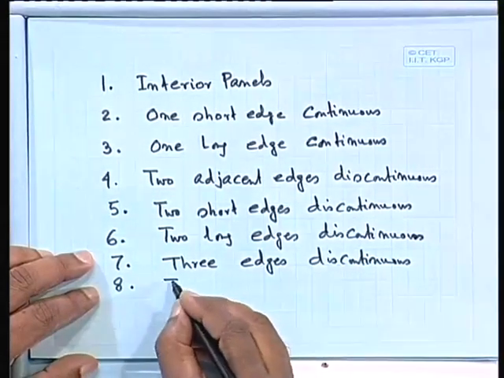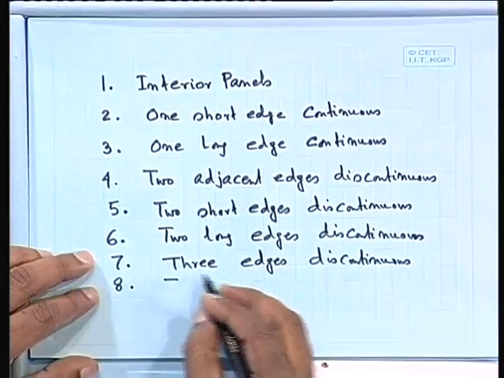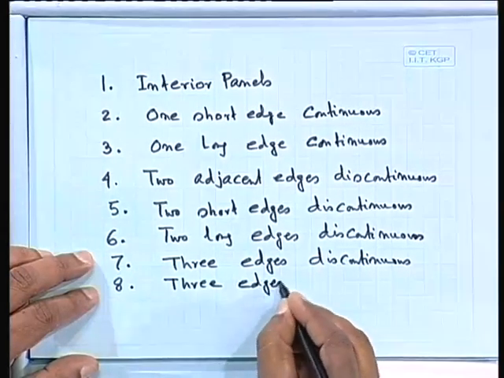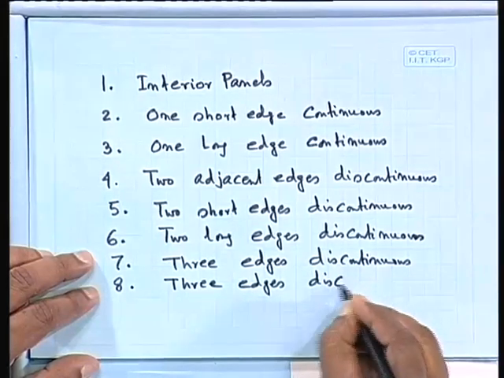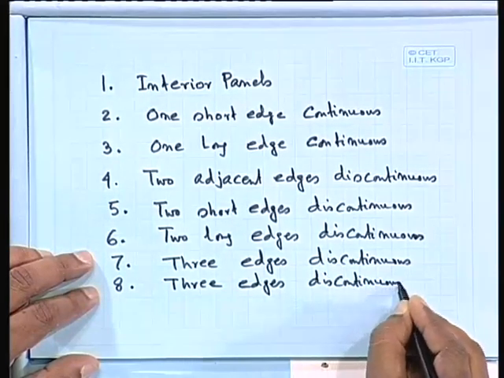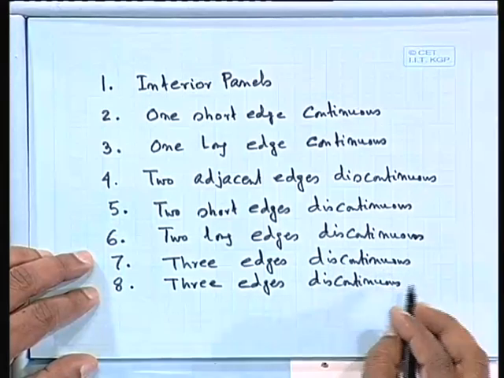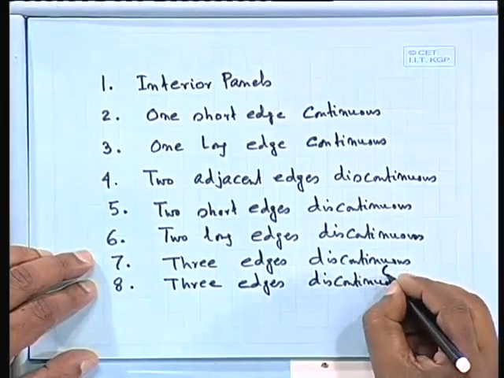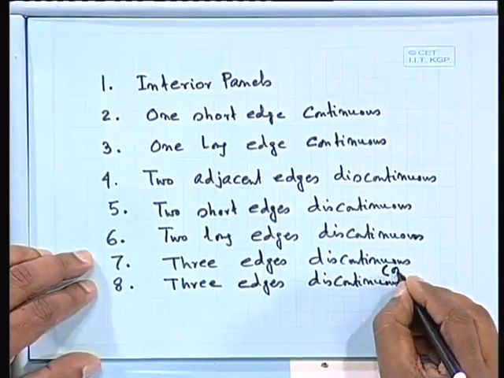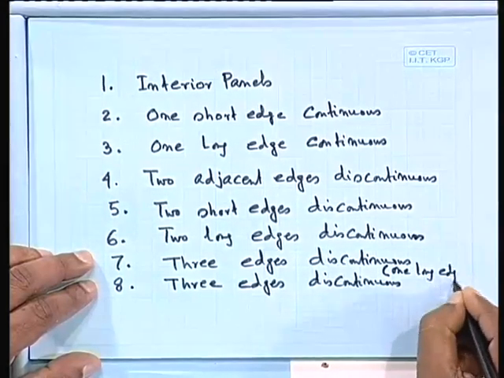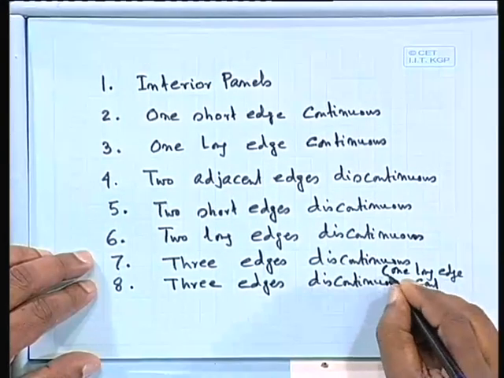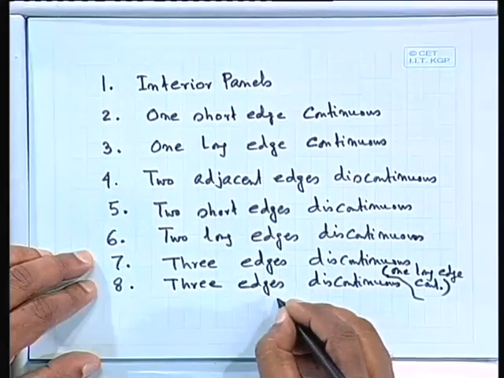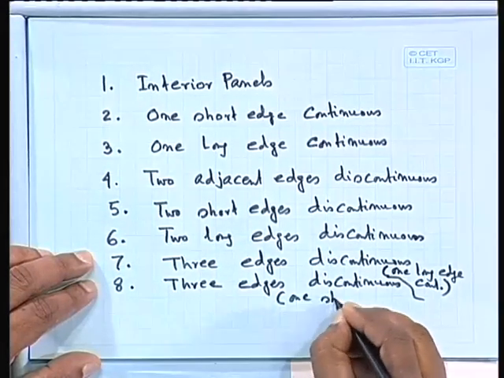Number 8 also 3 edges discontinuous. Let me tell you what the difference is. In number 7, one long edge is continuous, whereas in number 8, one short edge is continuous.